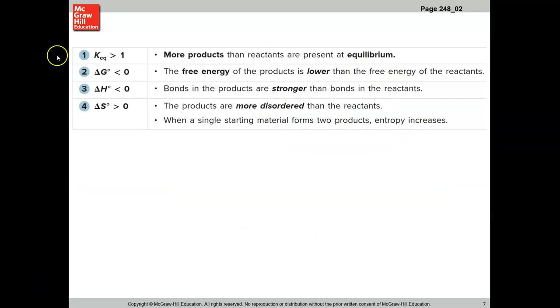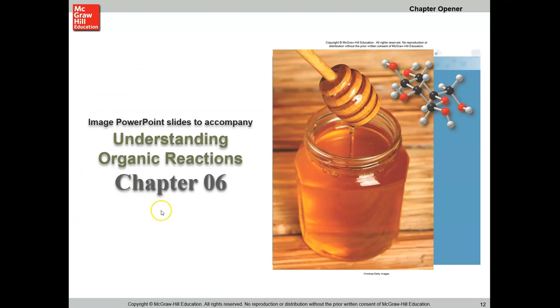Some of the energy terms that we'll look at are the equilibrium constants and the free energy, also the enthalpy and entropy, different types of energy constants and things regarding the energy that we'll look at.